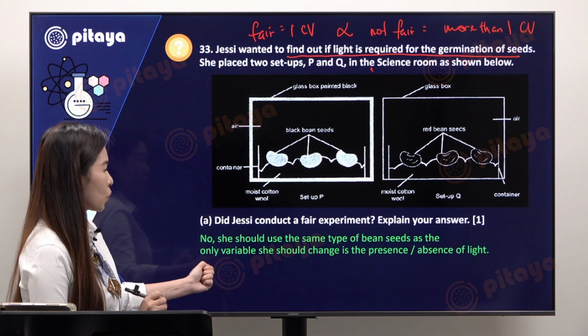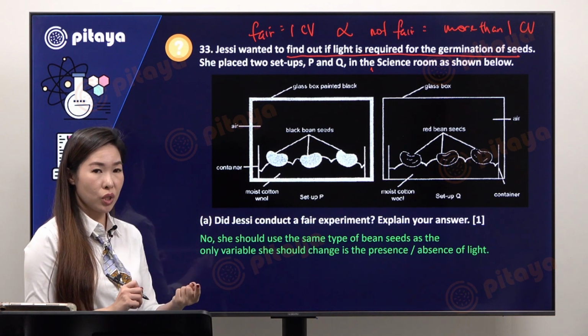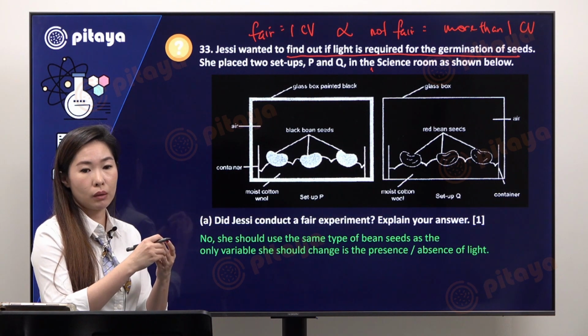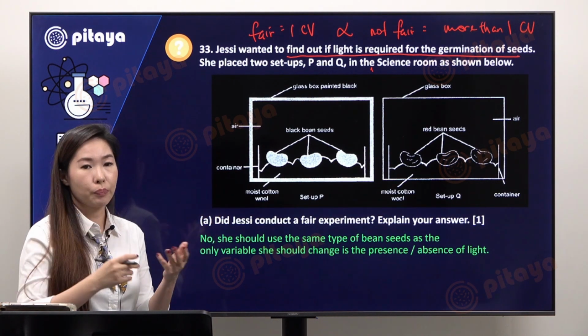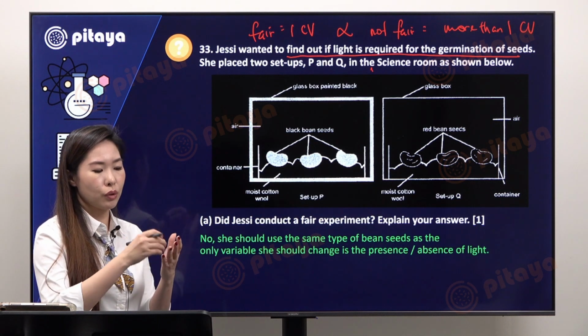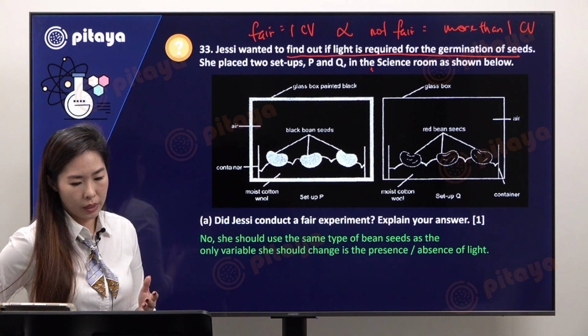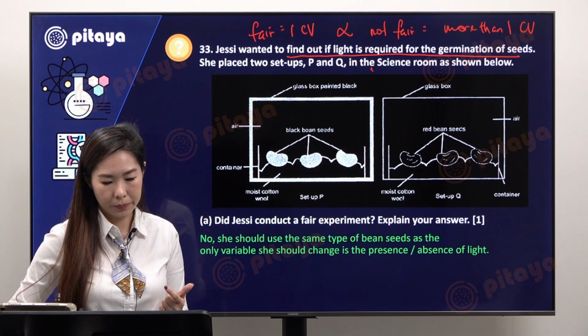And in your answer to explain why it is not fair, you can write down that there are more than one change variable, and you have to support your claim by writing down from this question what the other variables that are changed are. If there are two change variables, you have to indicate and state what the two change variables are. Like for this case, it's the type of beans and also presence of light.